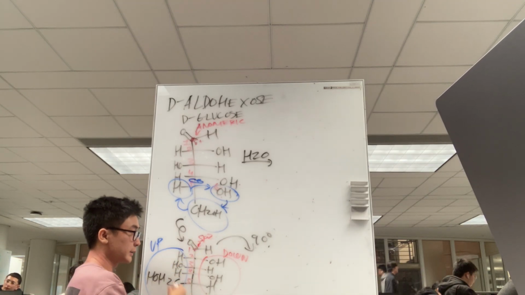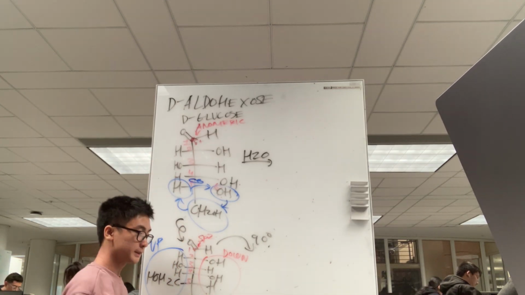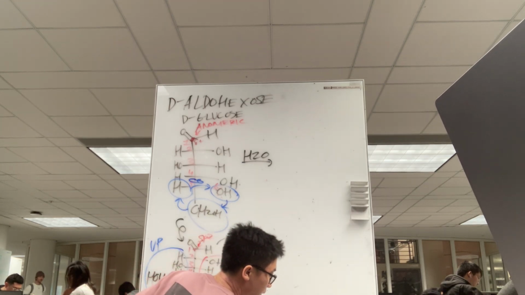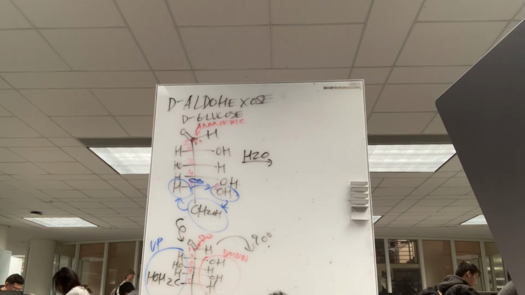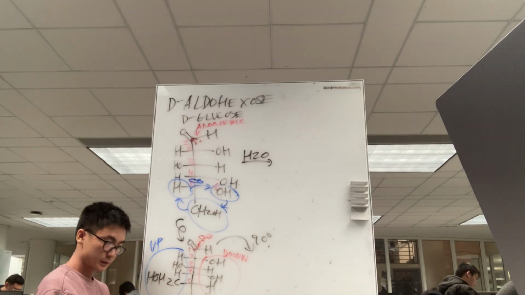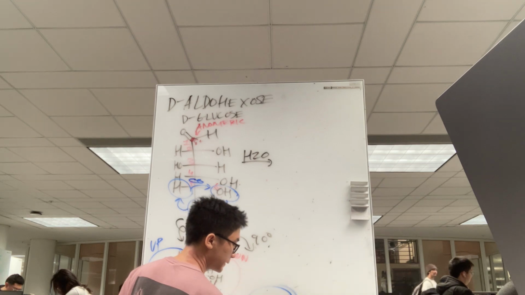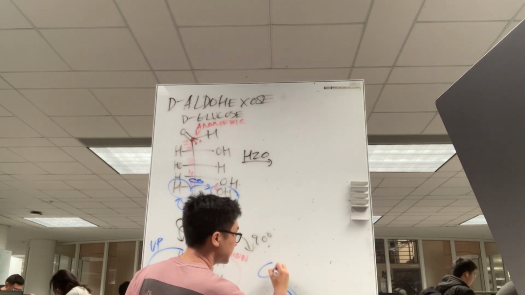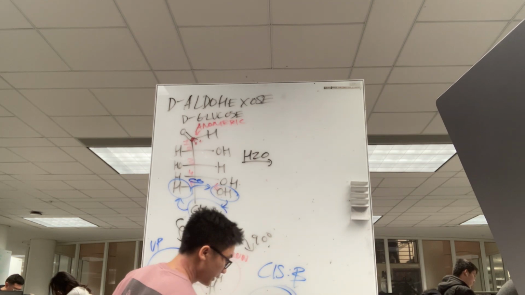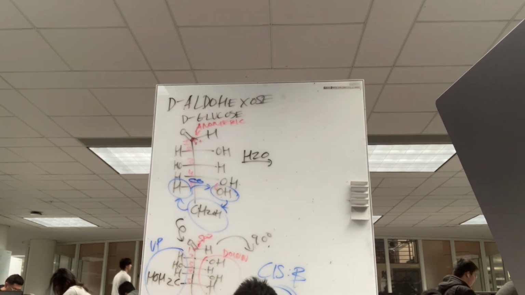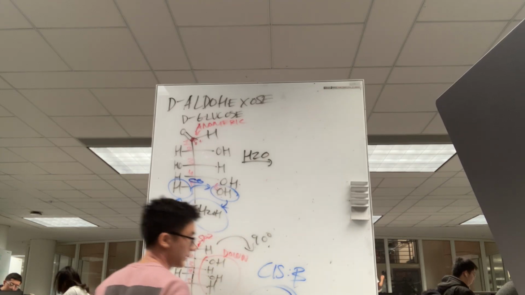So when the alcohol comes in to attack, it gets attacked on the top side or the bottom side, making the OH go on the top or the bottom. These are anomers of each other, where they differ at the anomeric carbon. If the CH2OH on the other side and the anomeric alcohol are cis to each other, we call that the beta anomer. If they are trans to each other, we call that the alpha anomer. Like that. Okay?